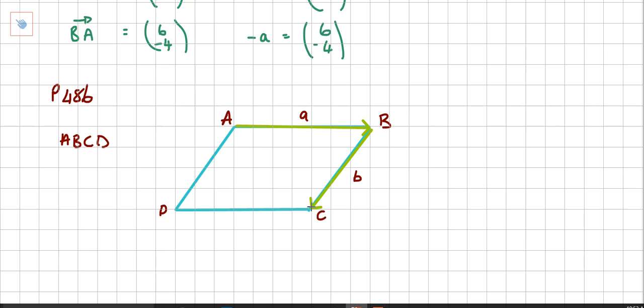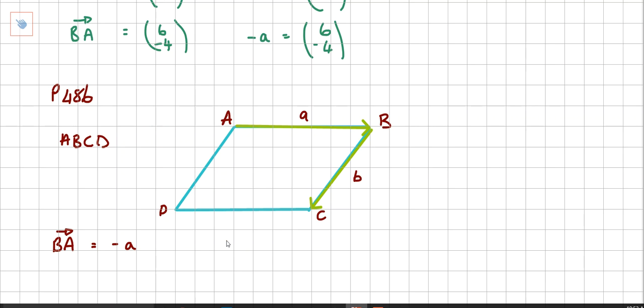So what we need to do is find out how we would represent B to A. I've drawn it on squares, but we've got no grid, so we can't give it in component form or as numbers. But we can give it in terms of A and B. So B to A is just negative A, because it's the opposite direction.